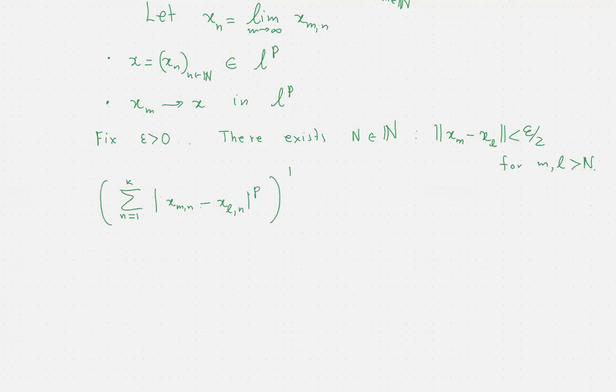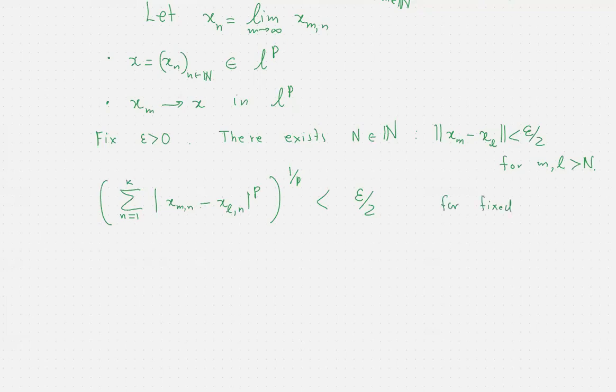We know that this is true if k is replaced by infinity. So if we go all the way to k, where k is some fixed number, for fixed k, this is less than epsilon over 2.